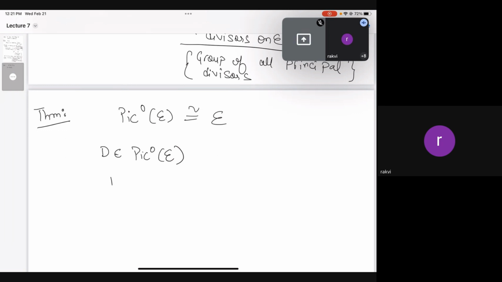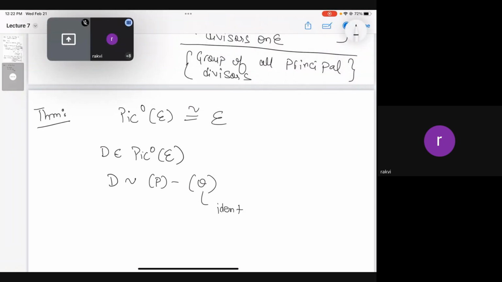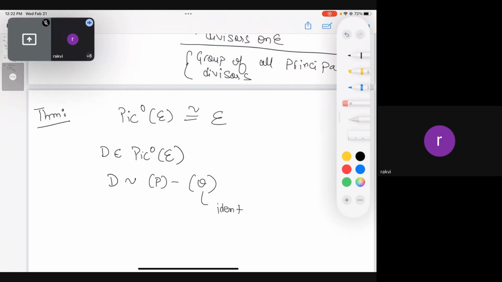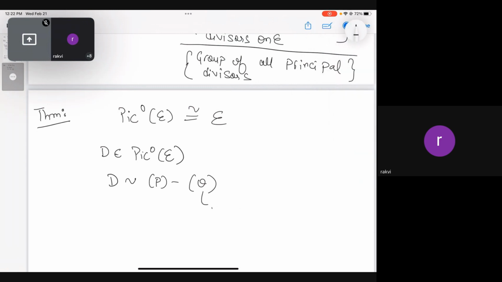Then this will be similar to a point minus zero, and this zero is the identity point, or rather the point at infinity, which serves as the identity of the group.